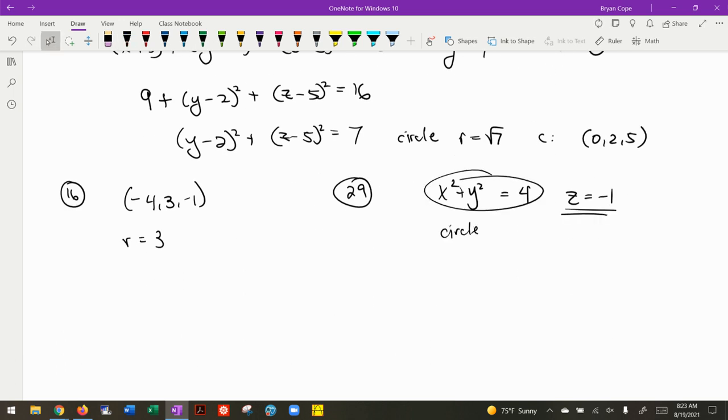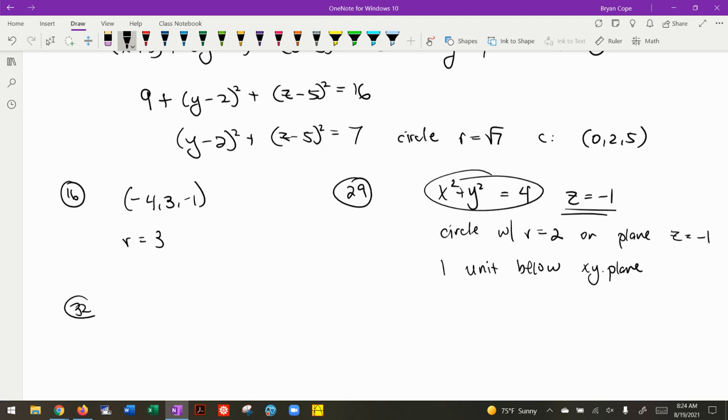When z equals negative 1, that just means it's restricted to the plane z equals negative 1, which would be 1 unit underneath the xy plane. So we could just say a circle with radius 2 on the plane z equals negative 1, 1 unit below the xy plane.